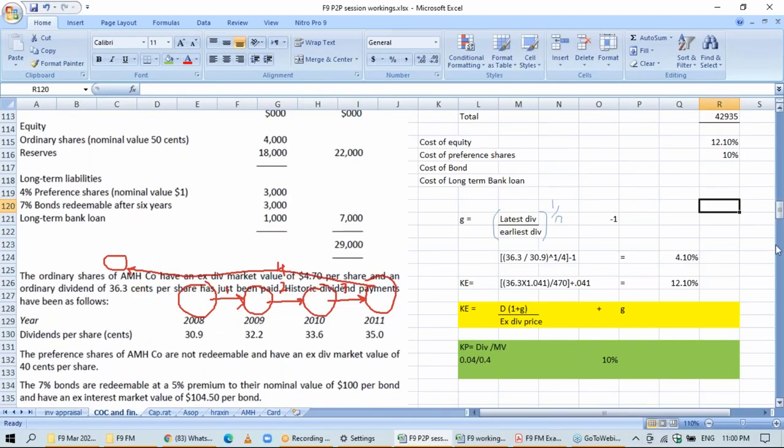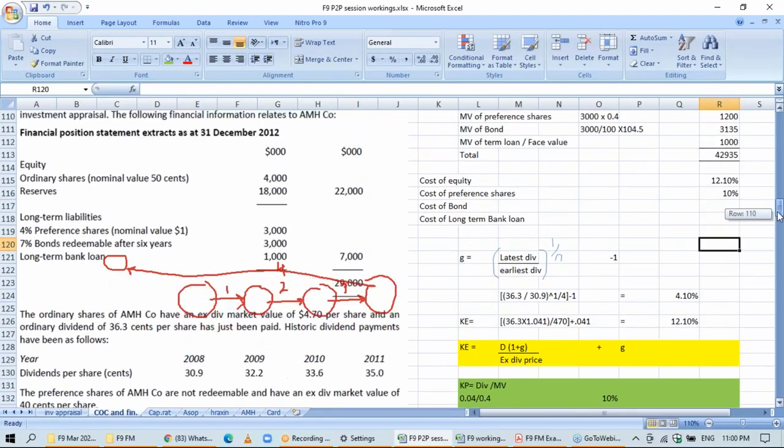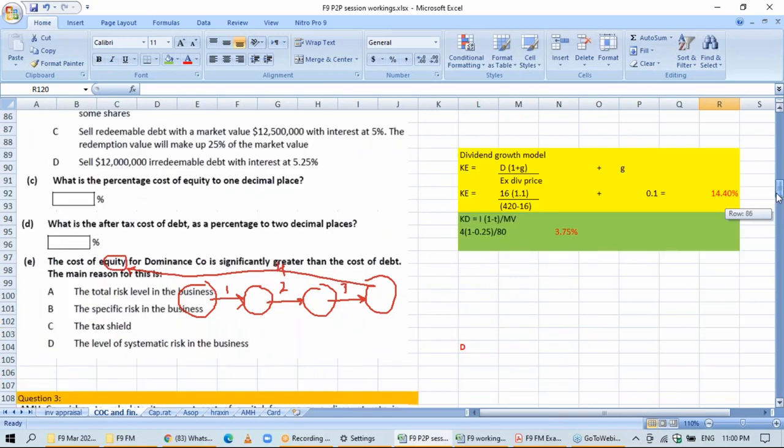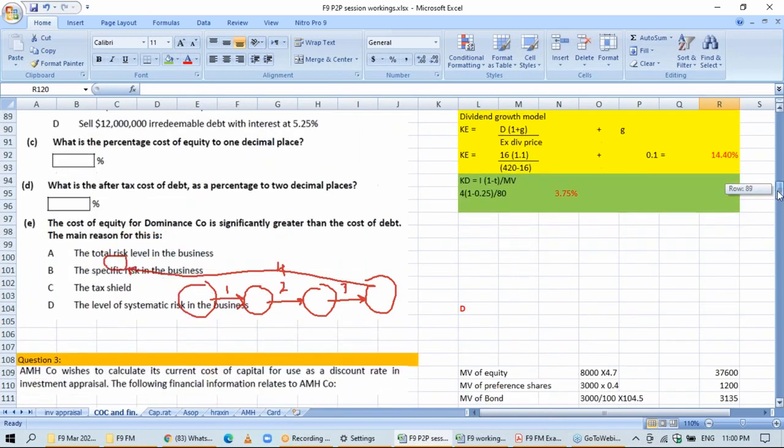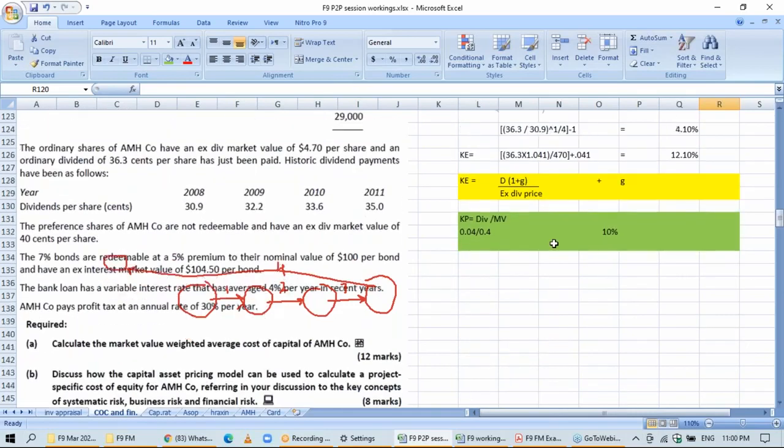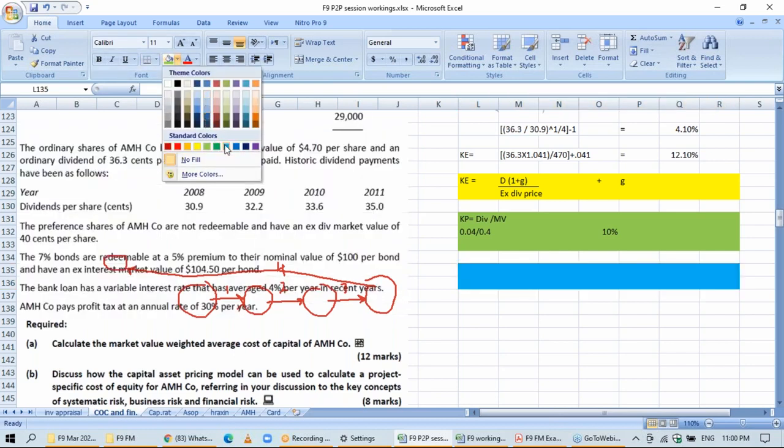Next is cost of debt. But before going on to the cost of debt, let me calculate the cost of the bank loan first. So the cost of the bank loan.